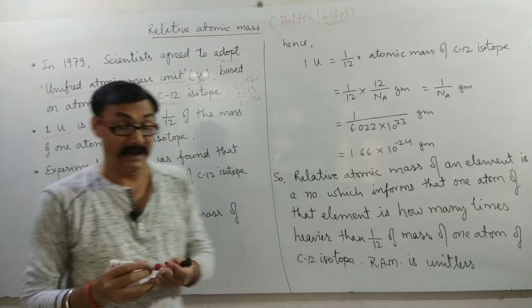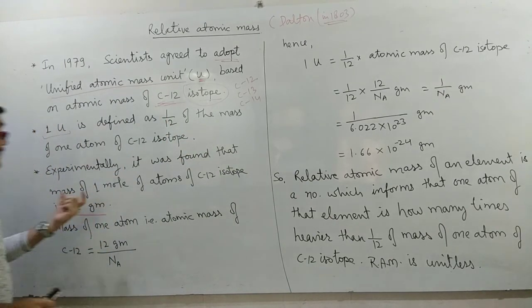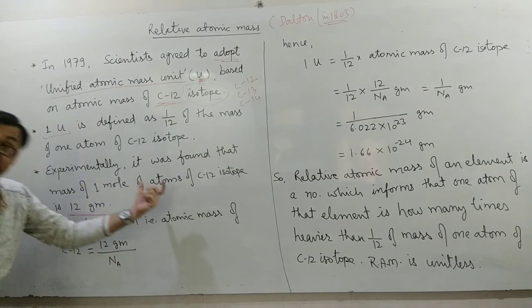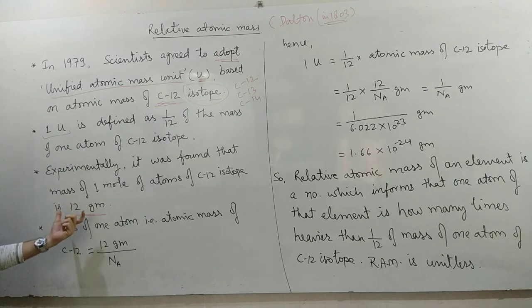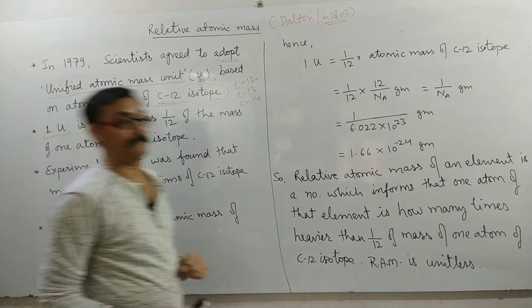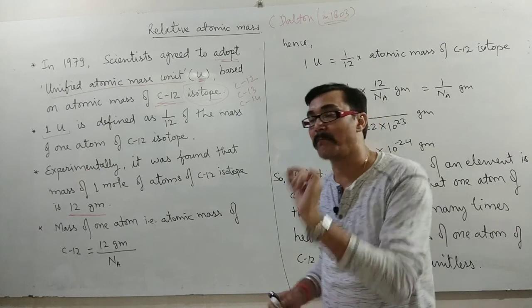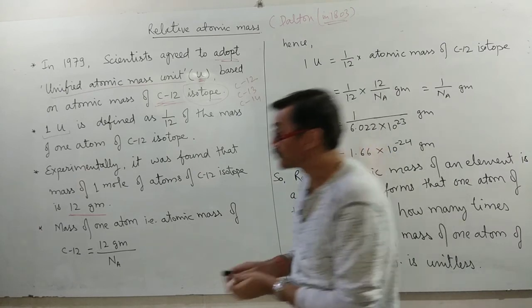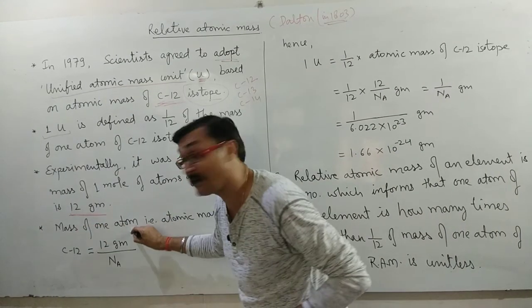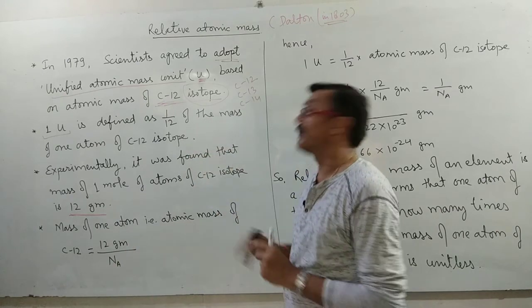Now, according to calculation, if the mass of 1 mole of atoms is 12 gram, then the mass of one atom is termed atomic mass, the mass of an atom. So we can say the mass of one atom, that is atomic mass.